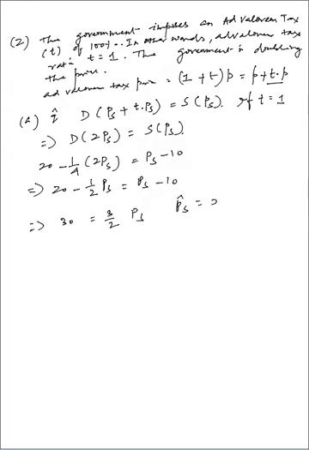Okay, and if you put it into this, as we know, we have to put it into the supply, Q equals PS minus 10, that is 20 minus 10 will be 10, that is your equilibrium quantity.